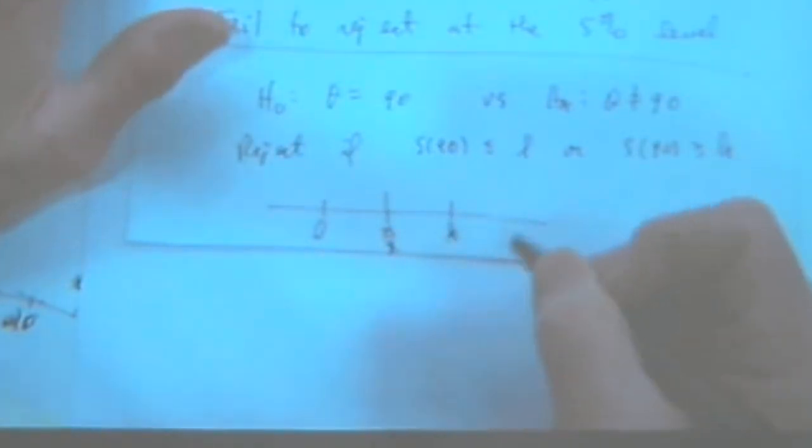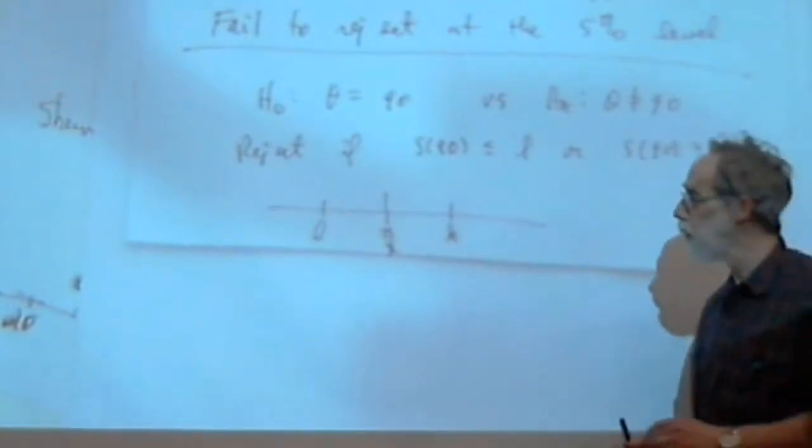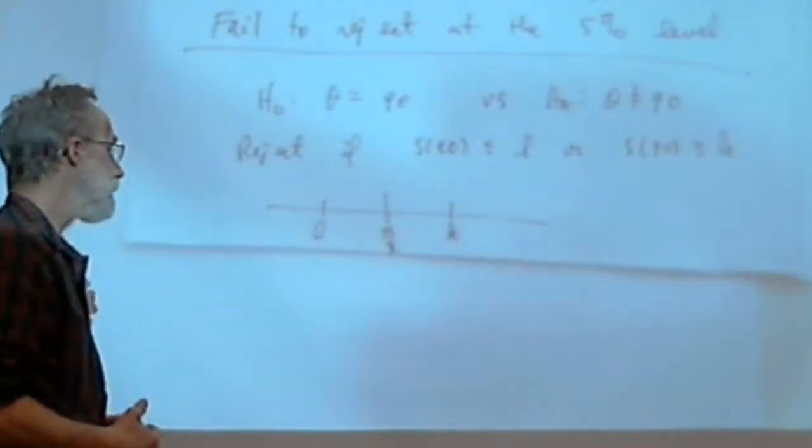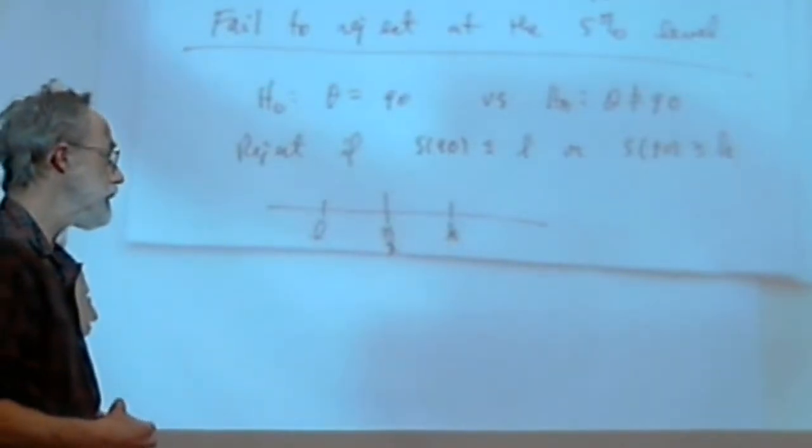A number line really helps here. Here's n over 2. L is going to be down here somewhere. K is going to be up here. Actually, p is 1/2. It's a symmetric binomial we use, so they will be equidistant. So that's the right picture.